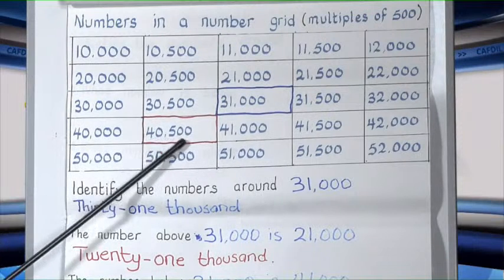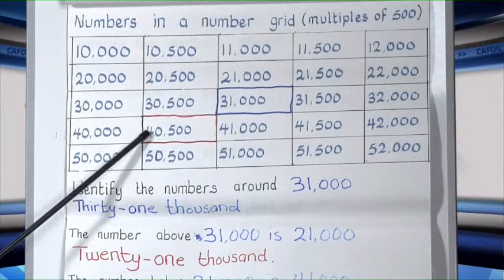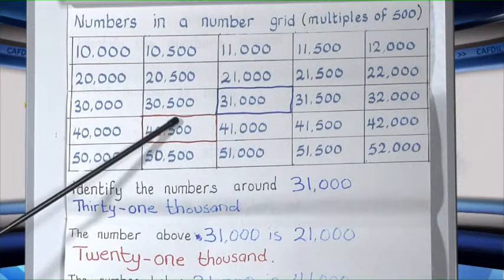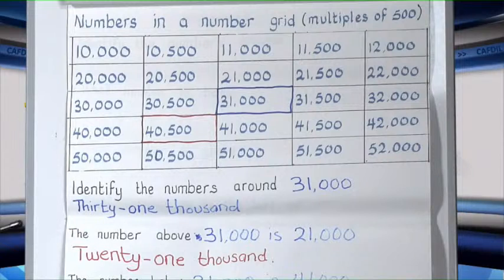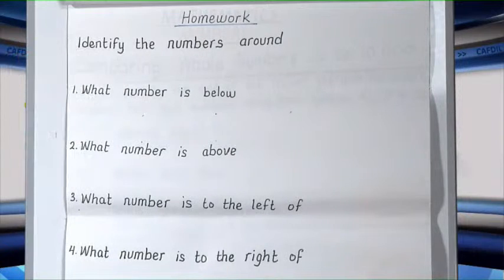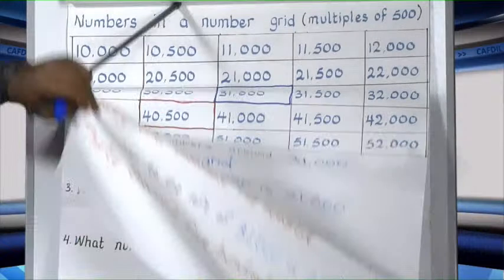It's 40,500. So you are also going to play around this, 40,500. You are going to find the number above this, below it, to the right, and then to the left. So this is the homework. You are going to identify the numbers around this figure, 40,500.